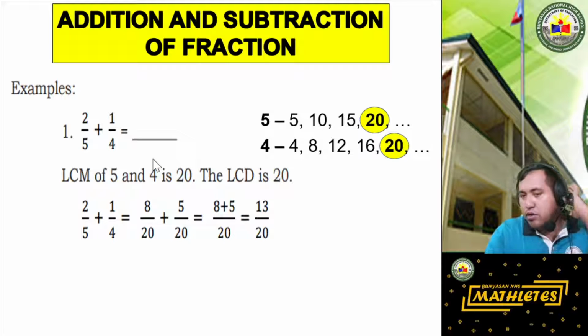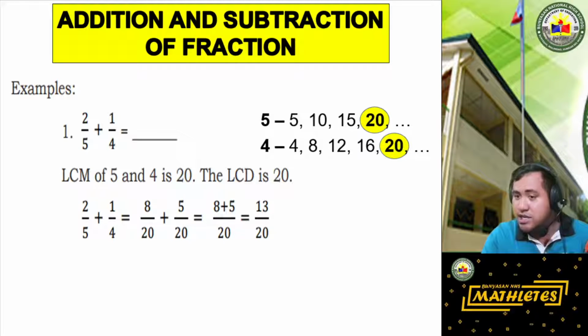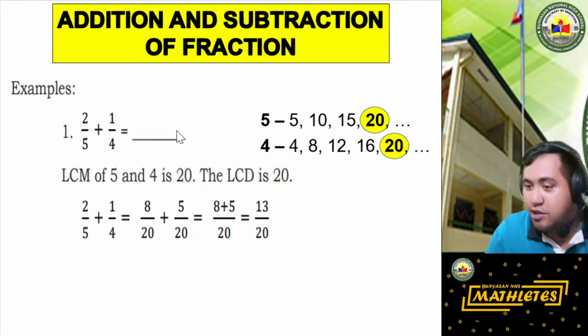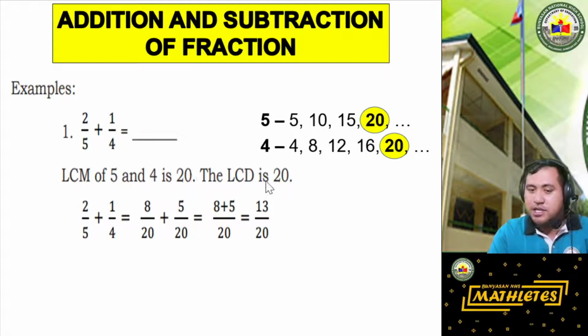Now, we are going to use that LCM, the least common multiple of both numbers, which is 20. Then, we are going to use it as the LCD of our fraction. The LCD. So, matatawag na siyang LCD. Kasi, ginamit natin siya sa denominator. Ginamit natin siya bilang denominator. Least common denominator na.